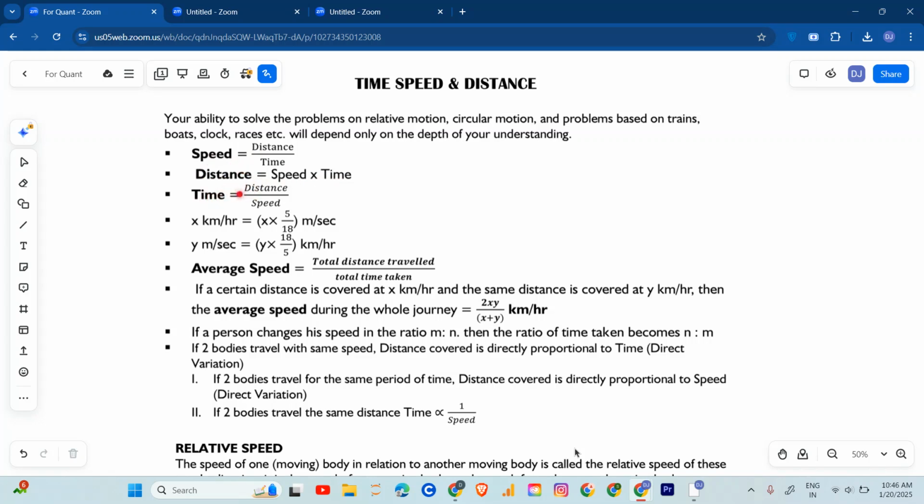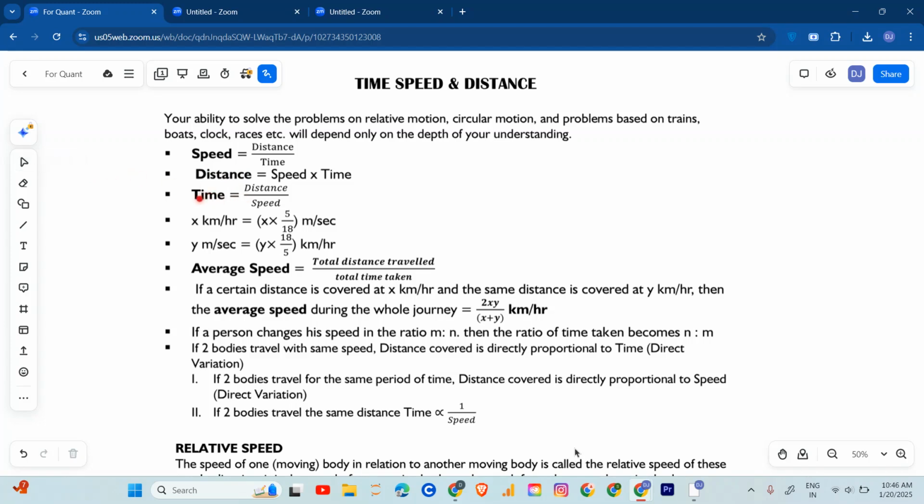Or we can write in a different way that time is equal to distance divided by speed. So we can write it in three ways, but it is one relation. Okay, fine.